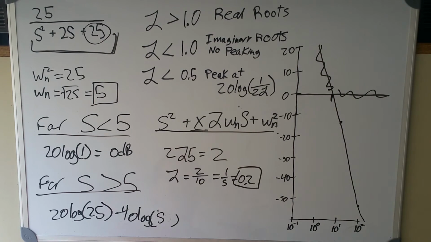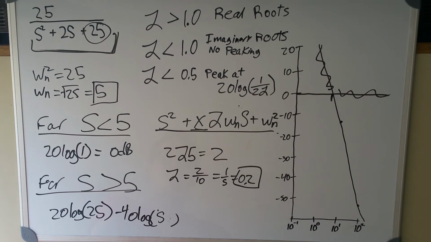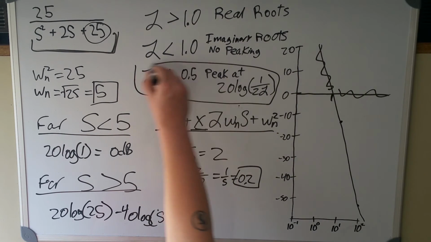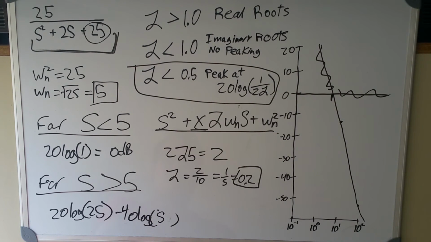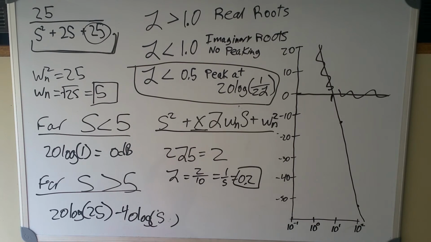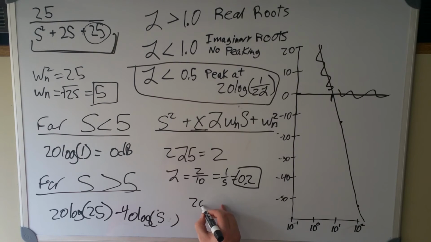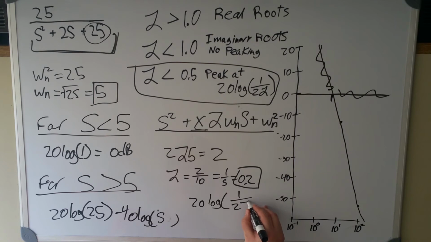If we look back at the scale up here, we find out that it is less than 0.5, so there is peaking. And to find out where that peaking is, we use 20 log 1 over 2 zeta. My zetas come out different every time I draw them. So then we do 20 log 1 over 2 times 0.2.